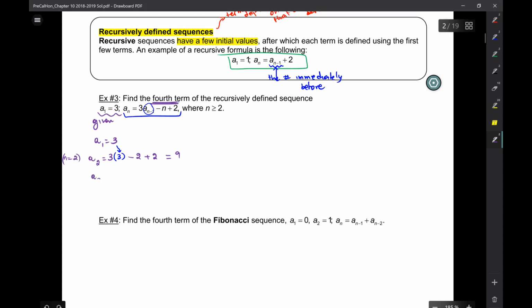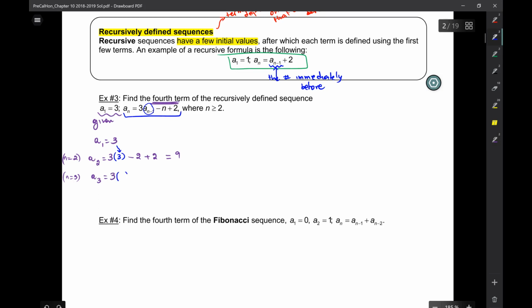Yes? Would a always be 3? No, because now it's going to change. So look, now it's going to change. Now here, n is equal to 3. So the formula says 3 times a sub n minus 1, the term that came right before.